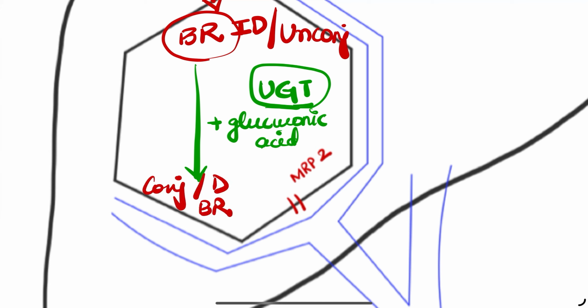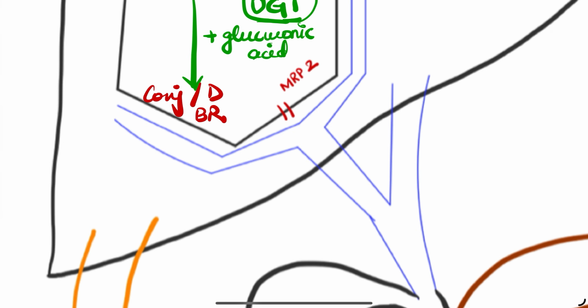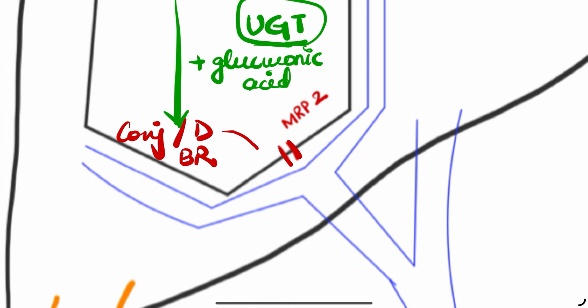This direct bilirubin is formed within the hepatocyte. The hepatocyte has ports or channels called MRP2, which are connected to the biliary canaliculi. This conjugated bilirubin formed inside the hepatocyte is transported via this port into the biliary canaliculi.